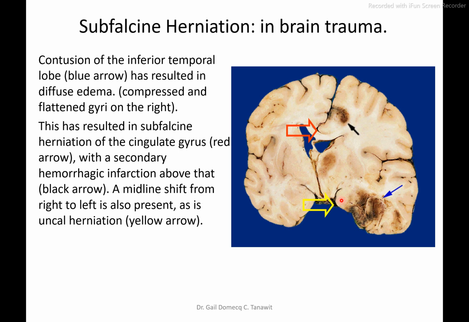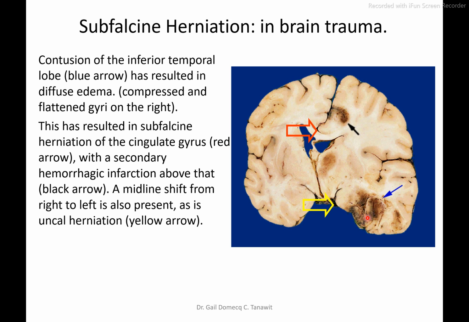Now, your subfalcine herniation in brain trauma can happen, especially resulting in contusion of the inferior temporal lobe. This is the inferior temporal lobe. It can result in a diffuse edema due to the compressed and flattened gyri on the right.